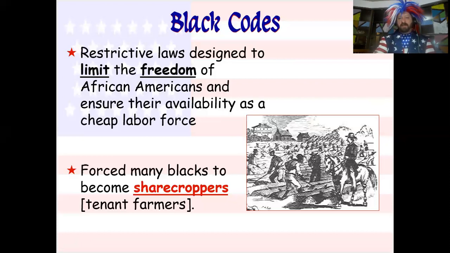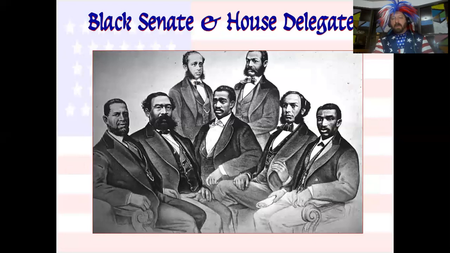practical difference for them. Now, that does not mean that there were not great success stories early on in the Reconstruction era. You actually had a number of Black senators and members of the House of Representatives, and you had them in state legislatures, and all these things. There were pockets and there were groups.